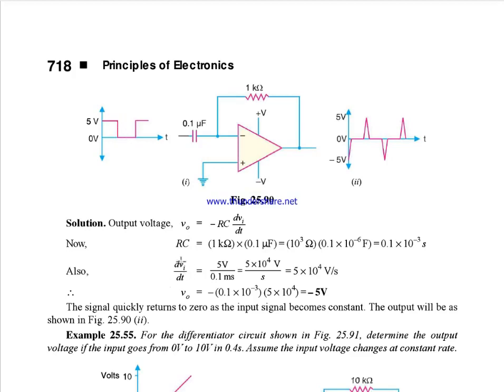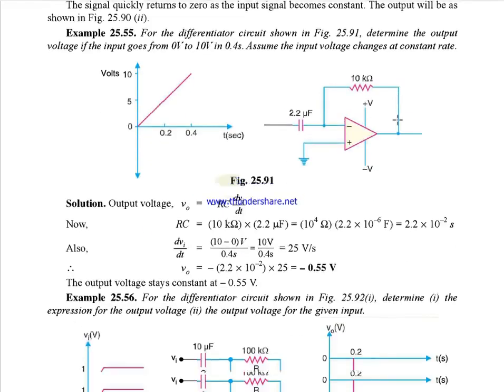So this dVi by dt will become negative because the change is 0 minus 5, and so the output will be positive. So you will get a positive ramp. Clear? So this will be the output of a differentiator.